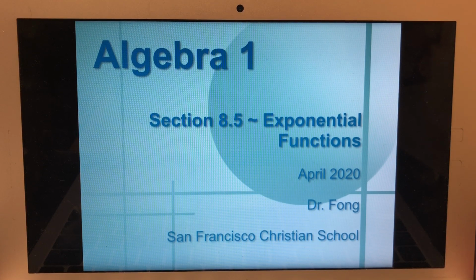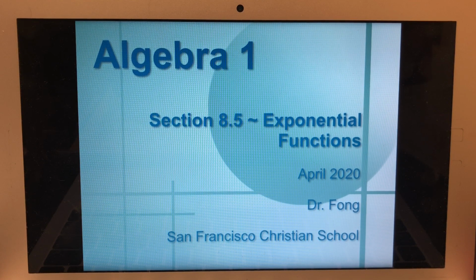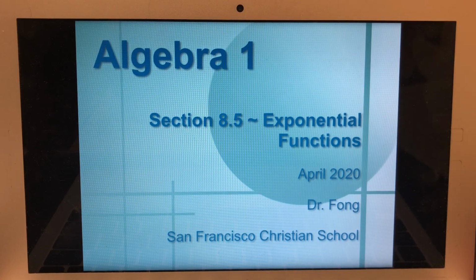In a linear function, the change in the dependent variable is constant during each unit of time. In an exponential function, though, the dependent variable increases by the same factor during each unit of time.